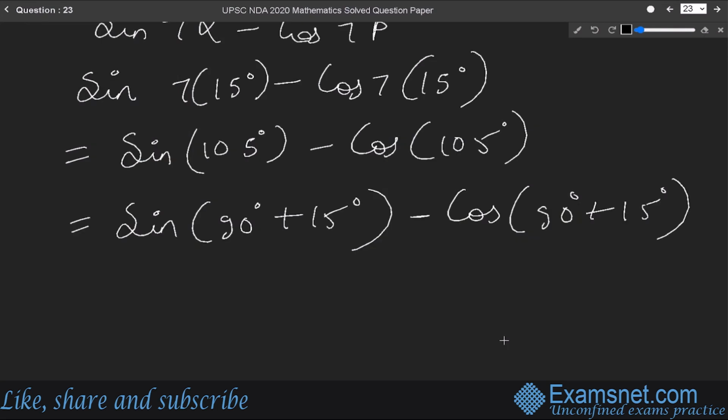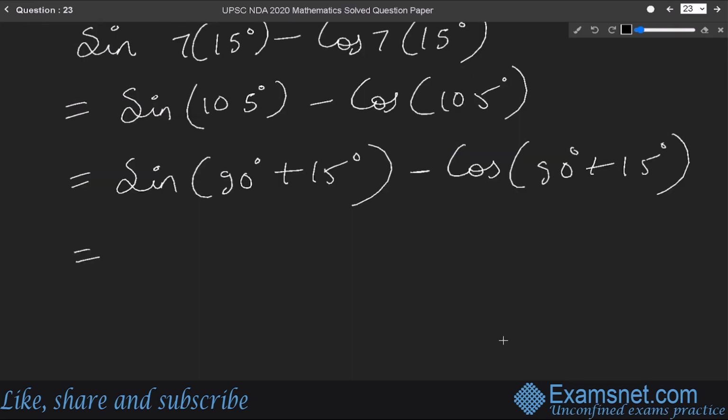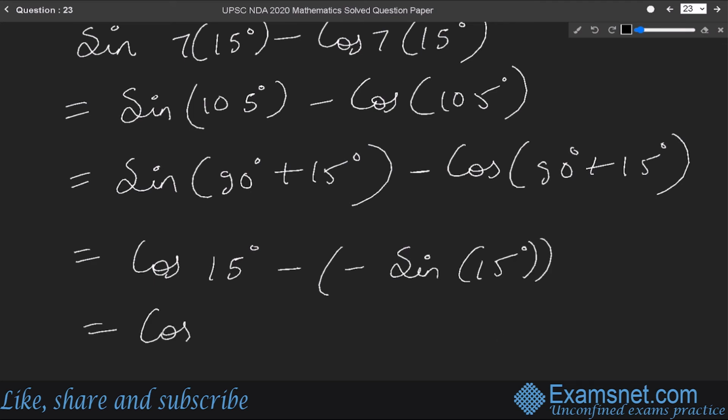So this makes a formula, which is sine 90 plus theta is cos theta. So it will be cos 15 minus cos 90 plus theta, which is minus sine theta. So it will be minus sine 15. Further solving, it will be cos 15 plus sine 15.